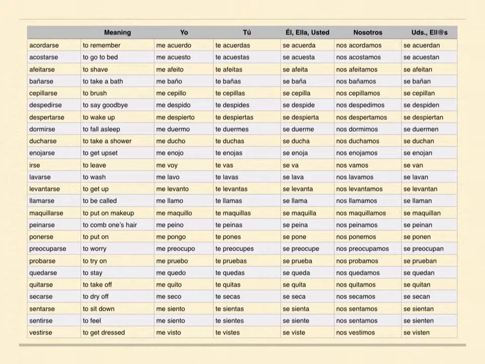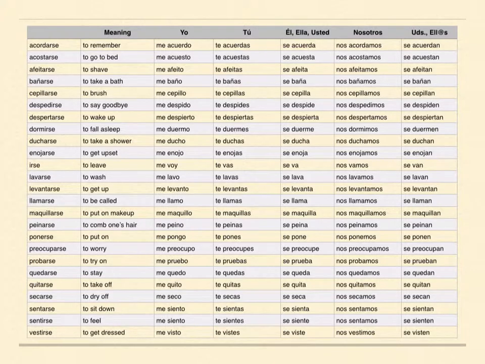If it's yo, we would say me acuerdo. Yo is optional. Yo can be used for emphasis or for clarification as to who the verb is referring to. Me, however, as a pronoun, has to be used with acuerdo because with reflexive verbs, we have to use the reflexive pronoun along with it.